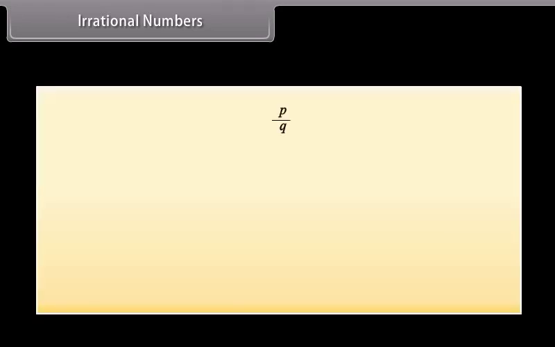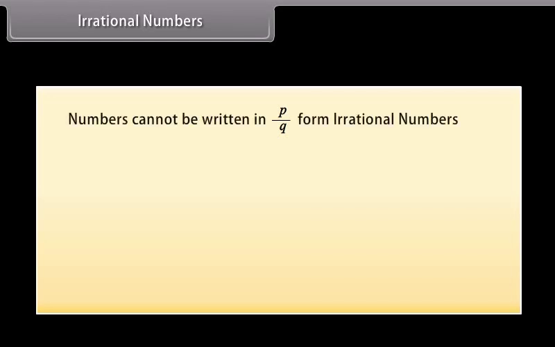Irrational numbers. You must be wondering if there are such numbers which are not in the form of p by q. Yes, there are numbers which cannot be written in the form p by q. Those numbers are called irrational numbers. For example, square root 2, square root 3, square root 7, 0.101001110..., pi, and so on.